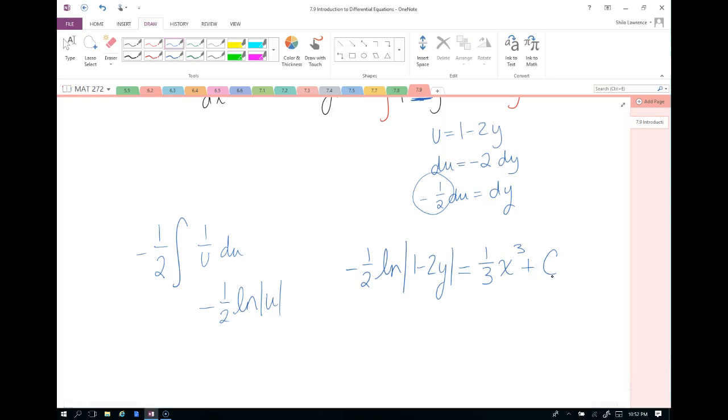And just like in the last one, we need to solve for the y. We can't do our little e trick yet because of the coefficient. So the first thing I want to do is move the coefficient. The e's and the ln's only cancel if they're touching. So if I were to put an e here right now, the e and the ln aren't touching. There's something in between them.